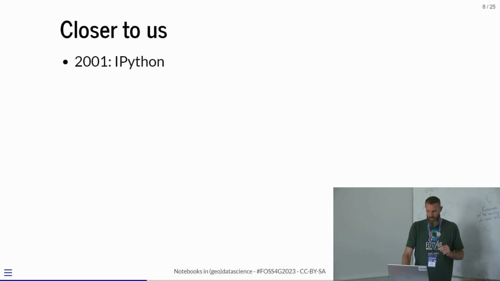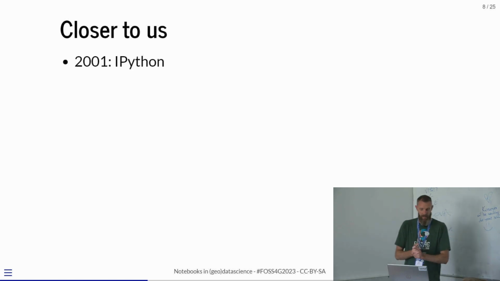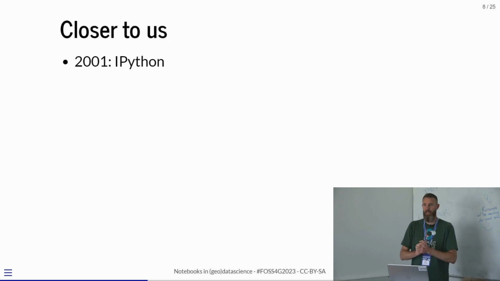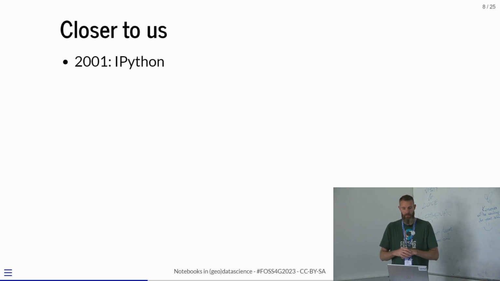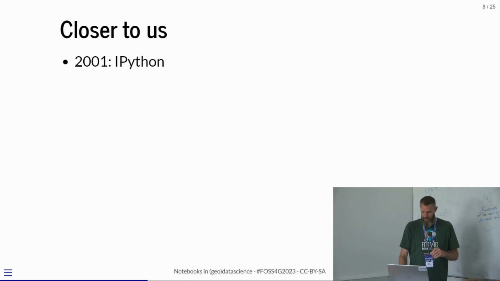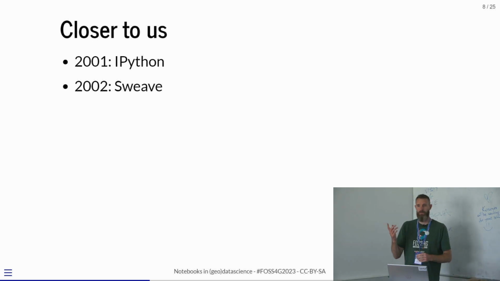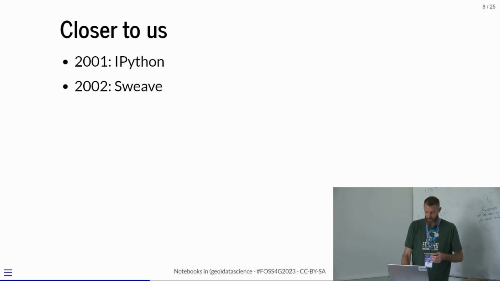A little bit closer to us. In 2001, the IPython interactive shell was released, so you can write Python in your command line. In 2002, there was Sweave. It was something built from the Noweb idea, but where you can mix R and or S code and get HTML or LaTeX output.